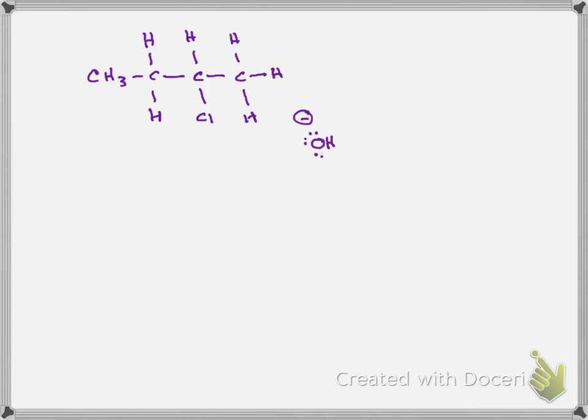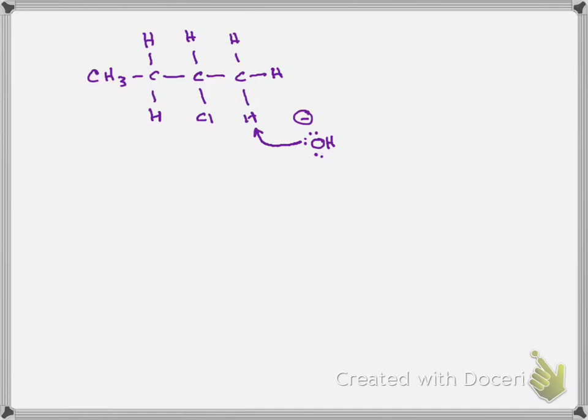What happens in this reaction? There are actually two ways the reaction can take place. Principally, this grabs that. It's like an acid-base reaction where you have a base and then you find an acid.